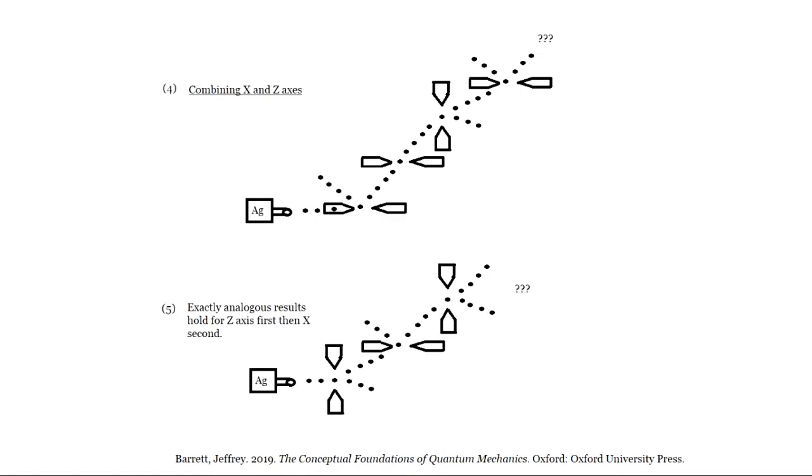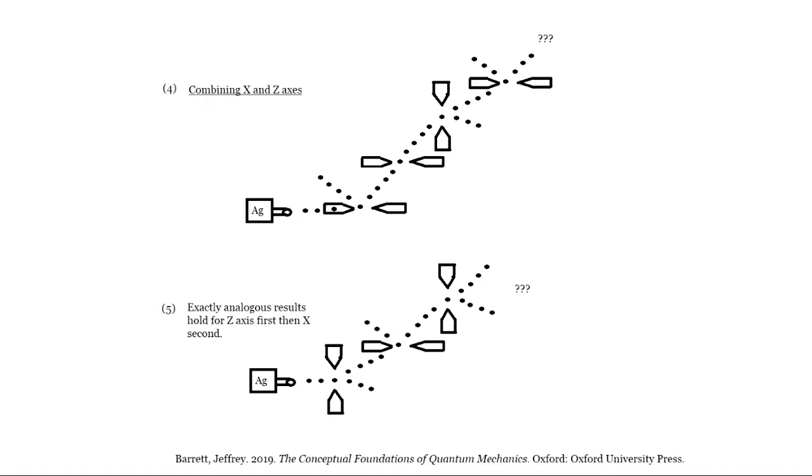Things start getting kind of strange when we combine x and z-axis measurements. So consider the following scenario, scenario number 4. Again, we have the usual setup. We have a bunch of silver, Ag, heated up to 1300 degrees Celsius in the annealing oven. Electrons are being emitted out the side. First, as you can see from the diagram, we have an x-axis measurement. So here again, 50% probability going left, 50% probability going to the right.